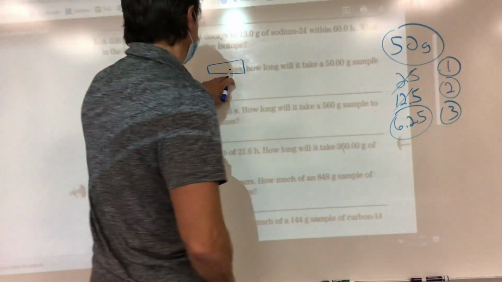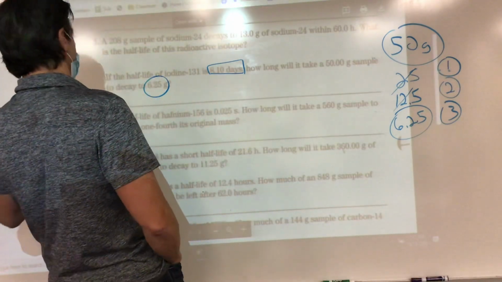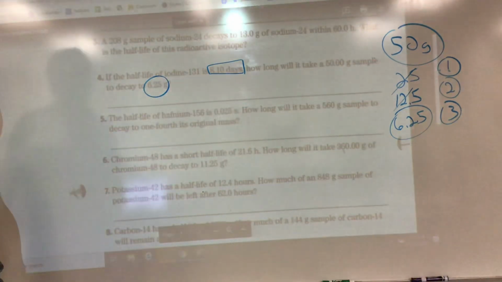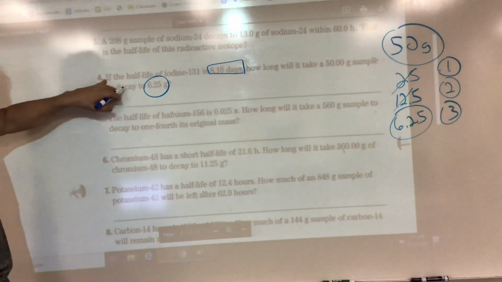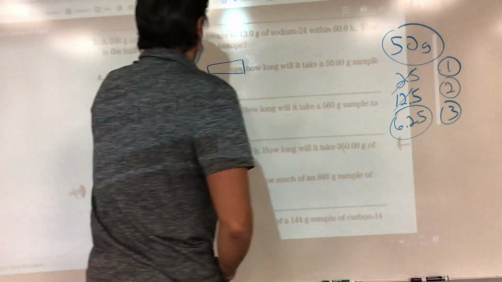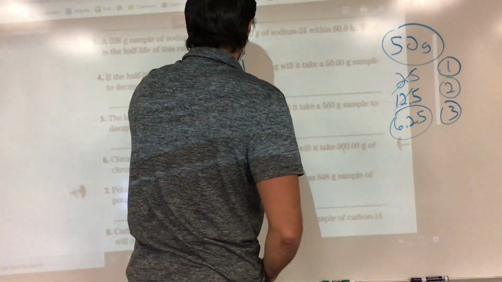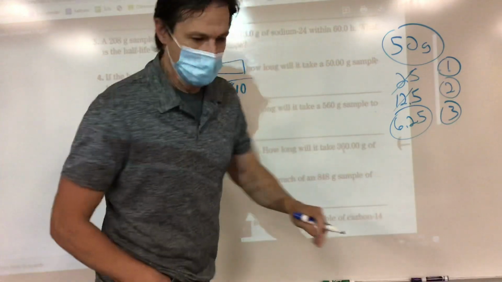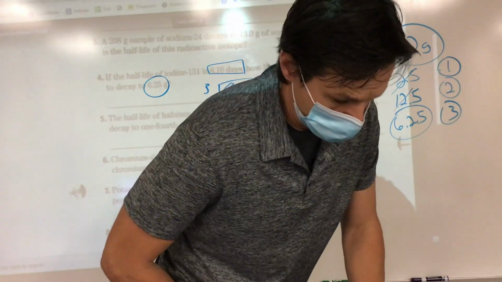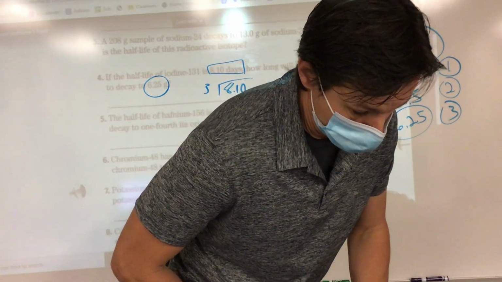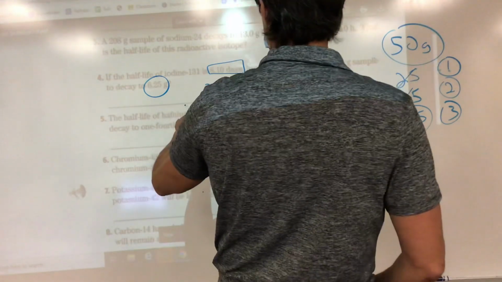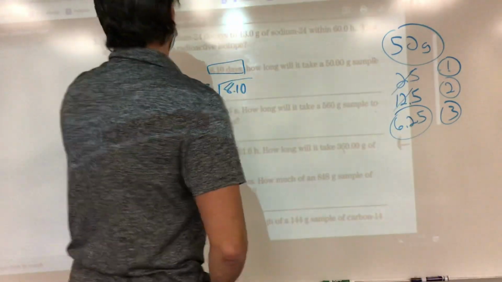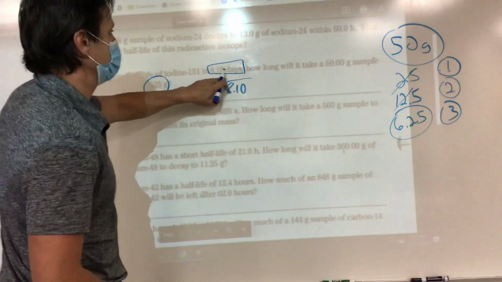Once again, they said the half-life total was 8.1 days. What is a half-life of I-131? So 3 into 8.1, oh wait, no, I'm sorry, what was that? Oh, how long did it take? If the half-life of iodine-131 is 8.1 days, how long did it take?